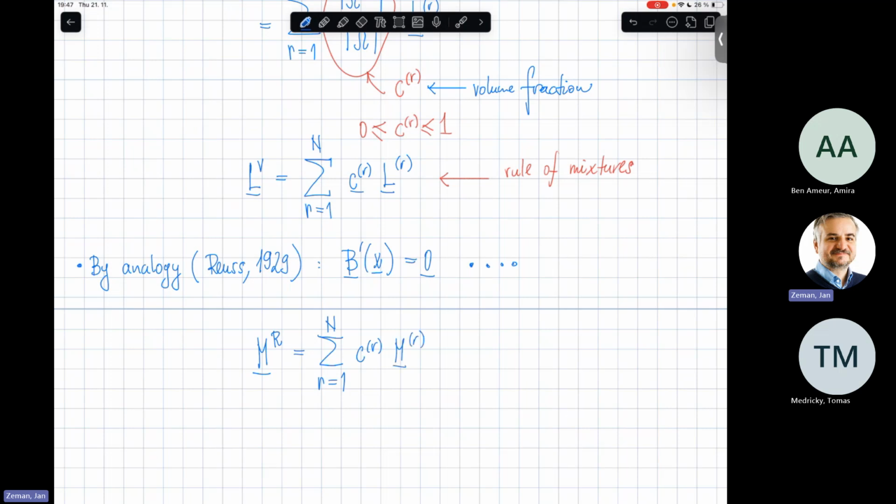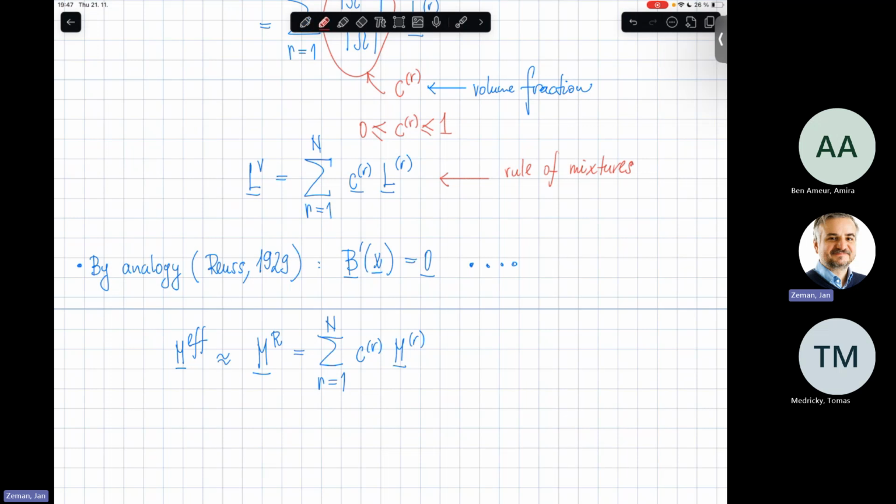I will do precisely the same thing, but with the dual coefficient. Okay, so Mr. Reuss estimated the dual coefficient. So this M effective, according to Mr. Reuss, can be replaced by this quantity.